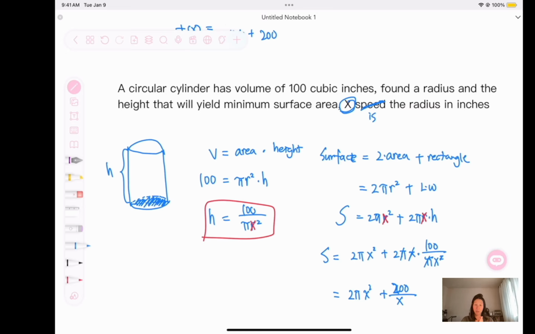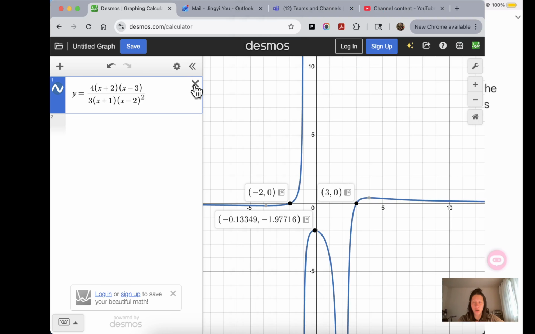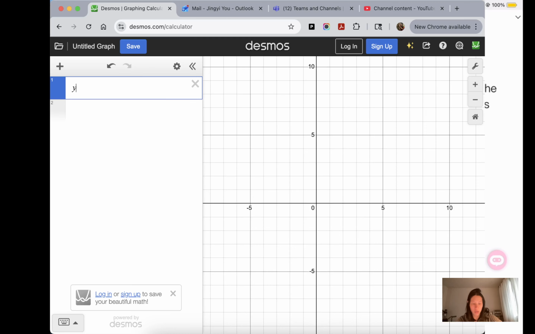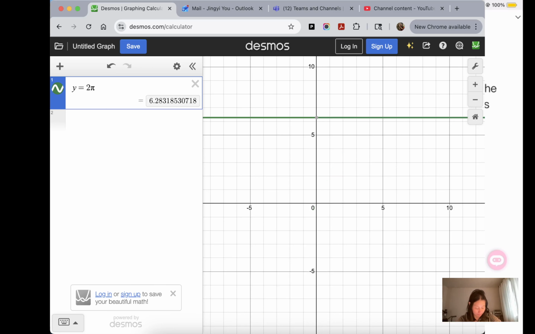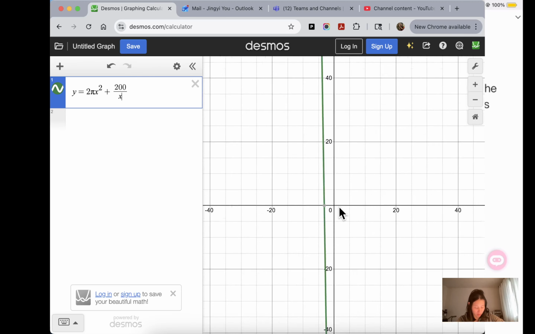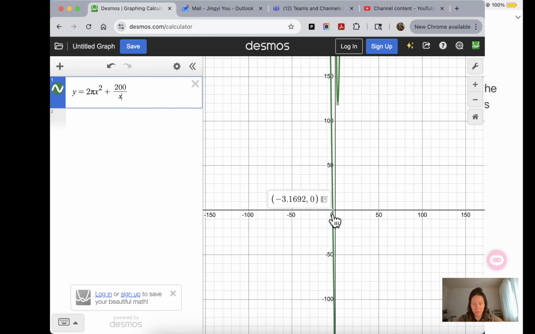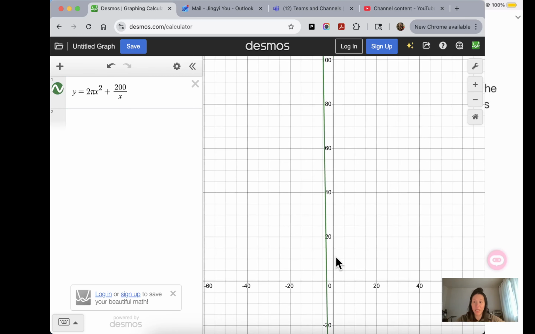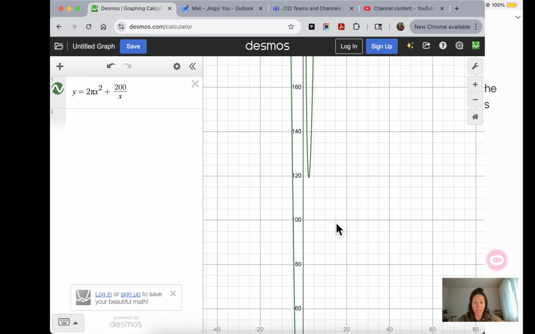Now, we want to find the minimum area. Find the radius and the height that yield the minimum area. So the surface area is this function. Now, we can use decimals and find where the lowest point of this function is. We have y equals 2 pi x squared plus 200 over x. The x has to be positive, right?